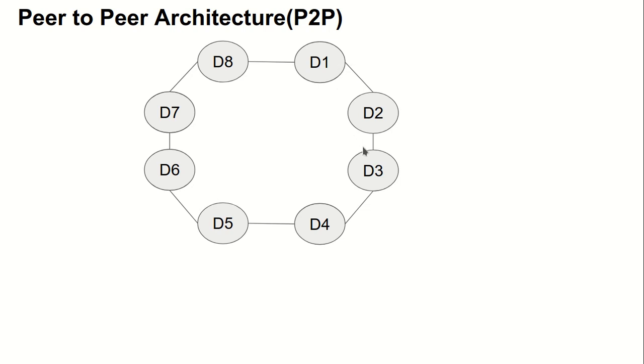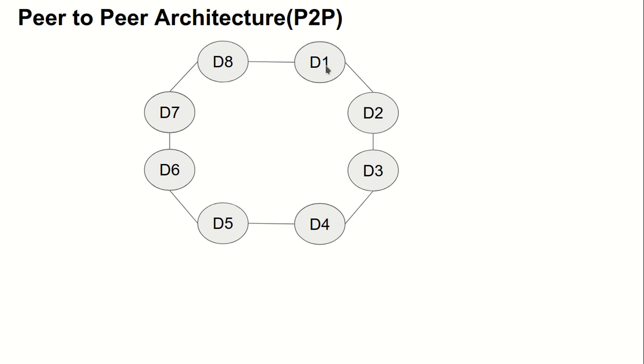Now the question arises: where is the client or where is the server? The peer-to-peer architecture provides a functionality where every device works as a client and as a server also. One device will work as a client and as a server both at the same time.